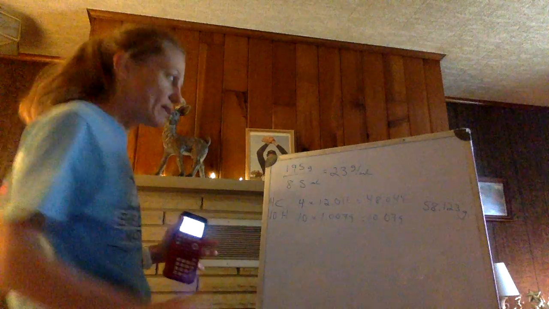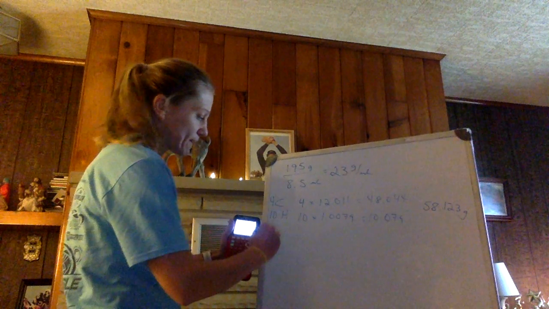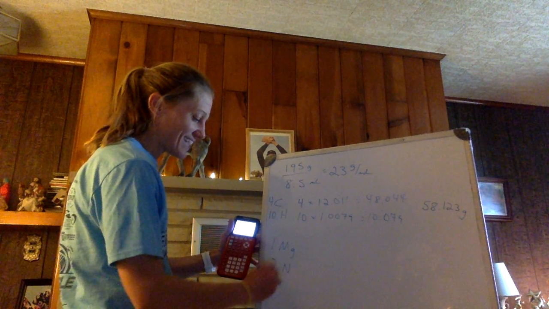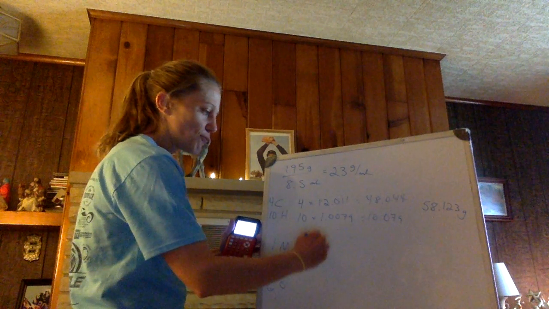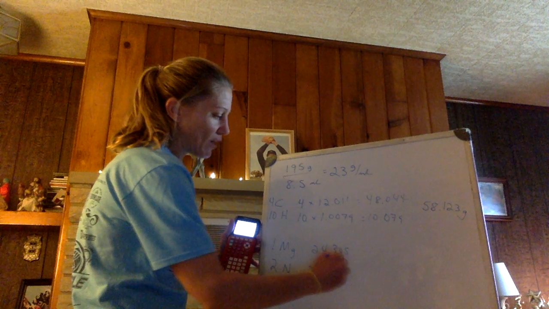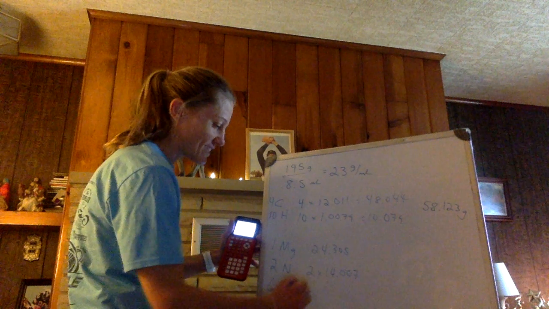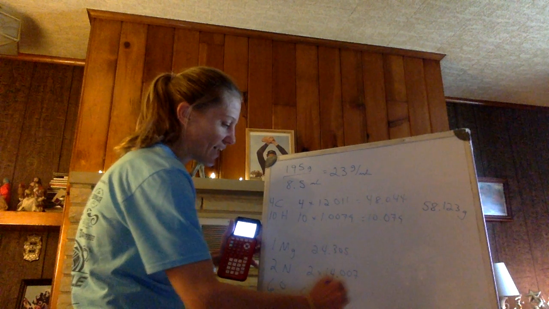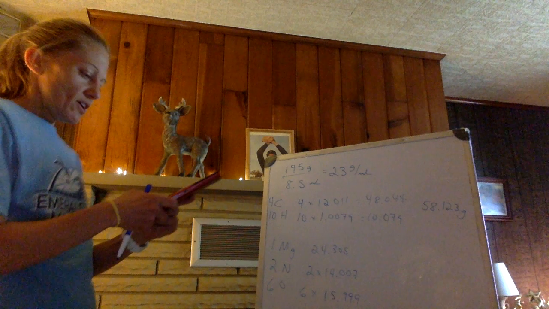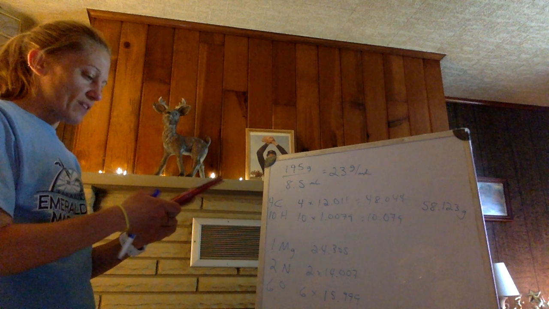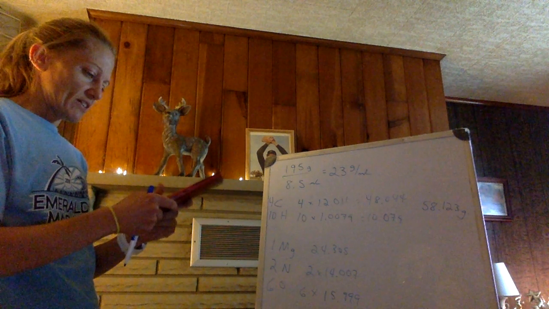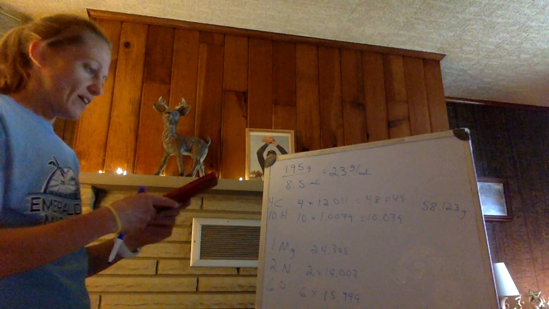That was my first one I needed a mass of, and I'm hurrying because I got a 15-minute video limit. So for magnesium nitrate, Mg(NO3)2, 1 magnesium, those parentheses say 2 nitrogen and 6 oxygen. 24.305, just 1 magnesium. 2 times 14.007 for nitrogen, and 6 times 15.999 for oxygen. 24.305 plus 28.014 plus 6 times 15.999, which I think is 93.994.